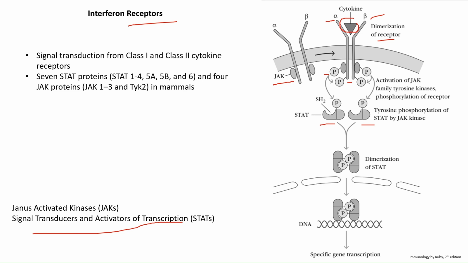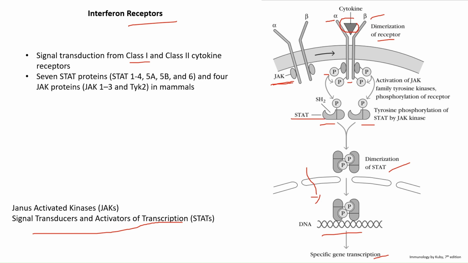These phosphorylated STATs undergo dimerization, and this dimer form of STAT can cross the nuclear membrane and bind to the DNA and hence bring about specific gene transcription. So this is about interferon signaling and the receptors. In the last video we learned about the class 1 family also, so this pathway is common for both the class 1 and class 2 cytokine families.